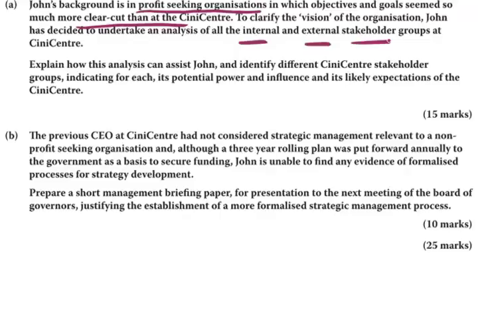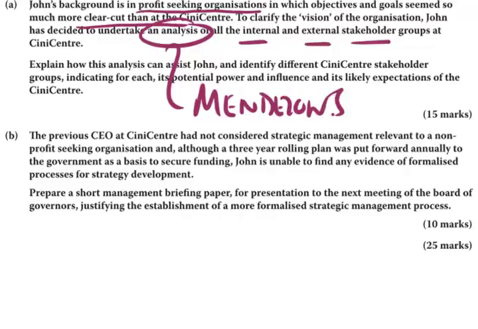We'll have to identify some of those, and then it asks us to analyze them. How can we analyze them? About the only tool around dealing with stakeholders is Mendelow's matrix. We have to explain also how the analysis can assist John.